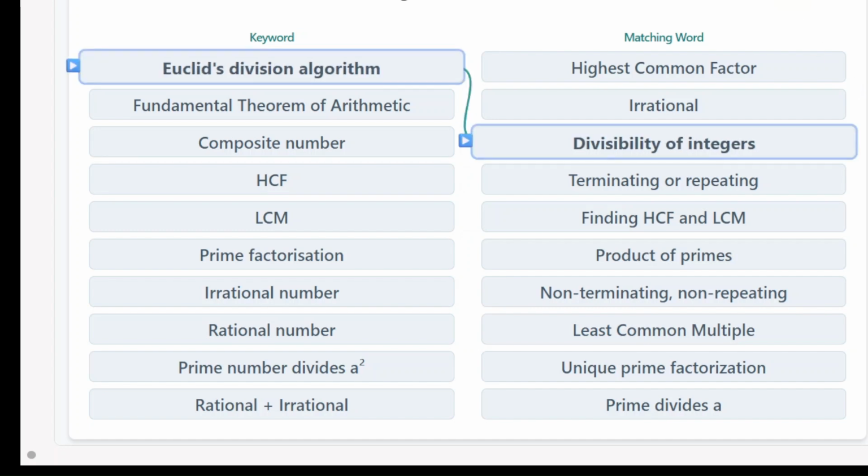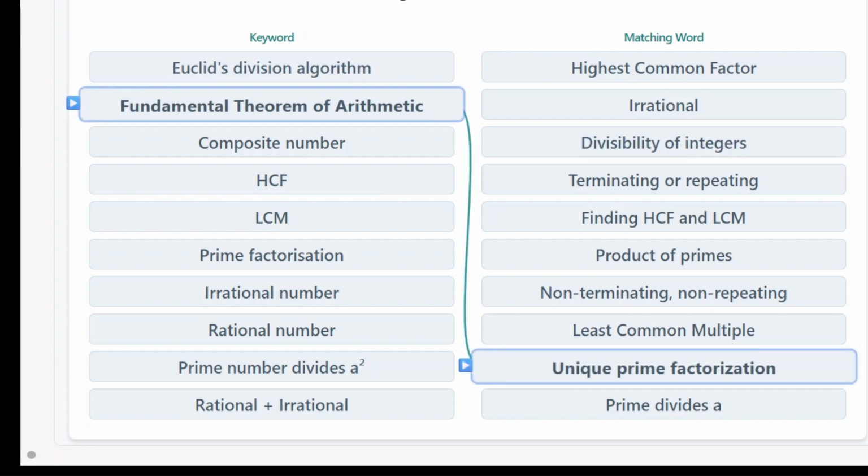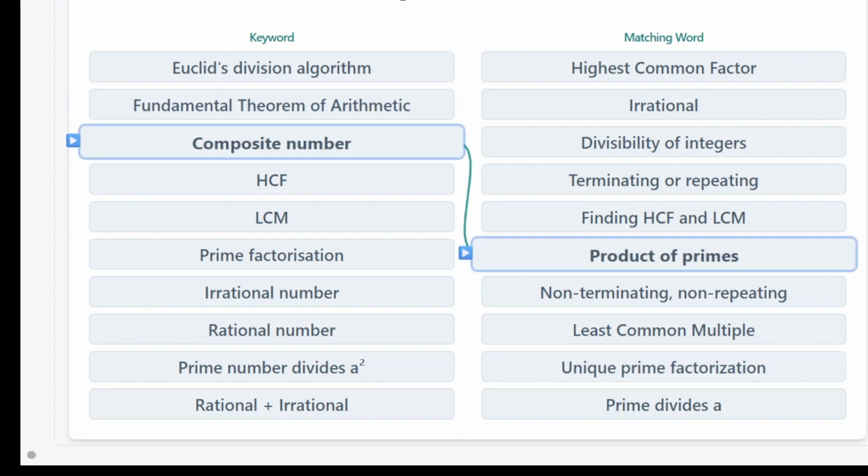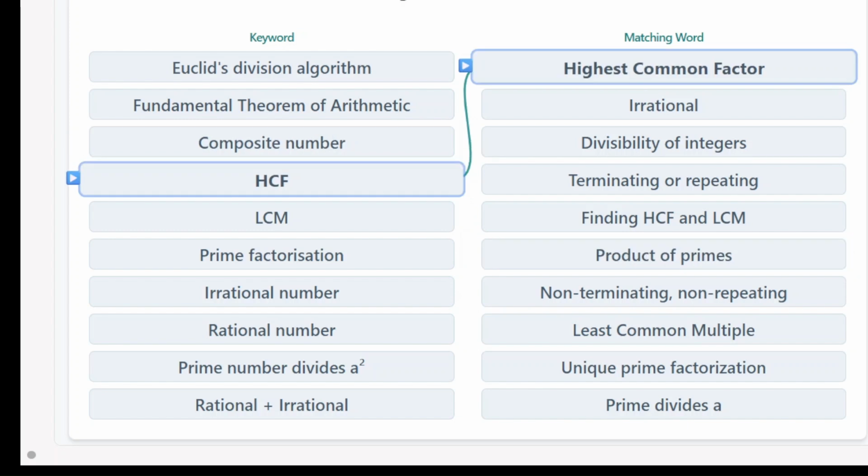Euclid's division algorithm. Divisibility of integers. Fundamental theorem of arithmetic. Unique prime factorization. Composite number. Product of primes. HCF. Highest common factor.